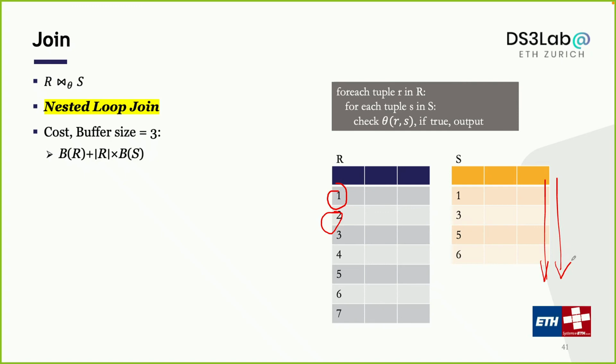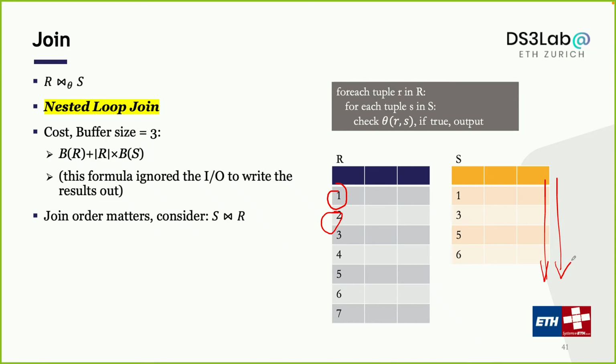You can do better, but that's not the cost of this algorithm. So essentially it's the number of pages in R plus the number of tuples in R multiplied by the number of pages in S. Here, let's ignore the I/O to write the result out.